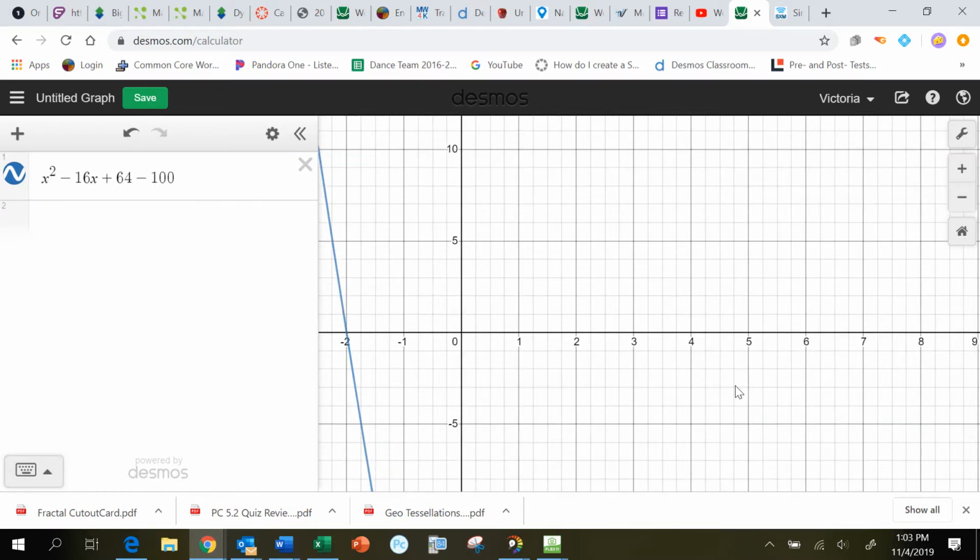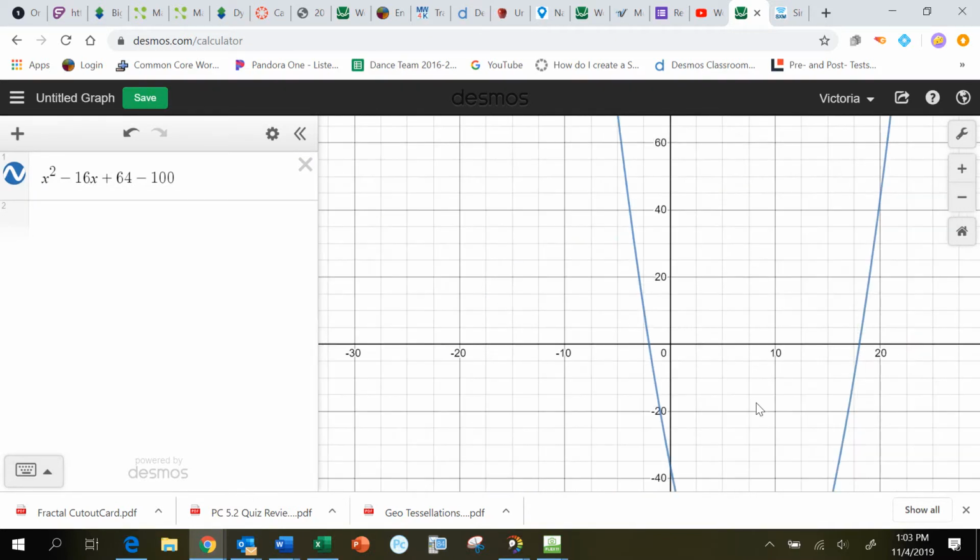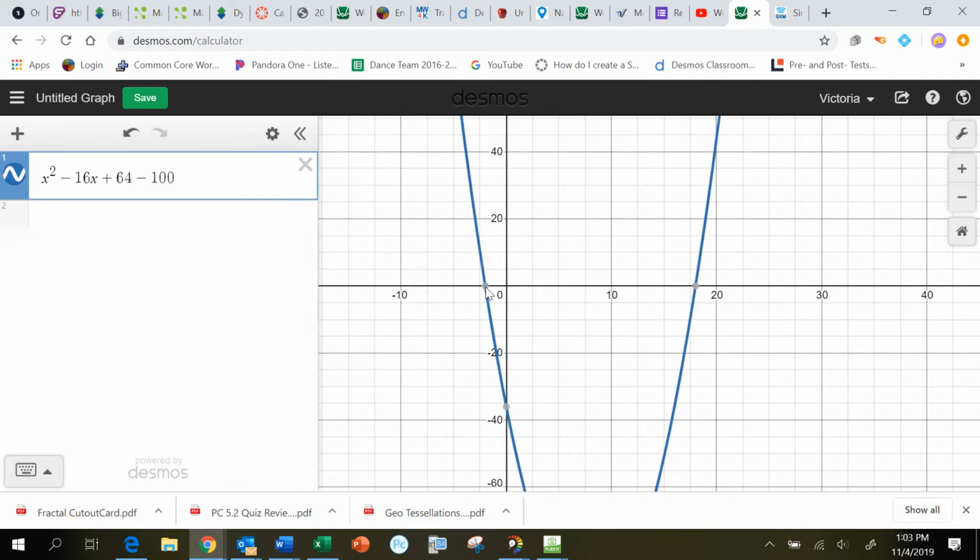So if I graphed it on here, it should be a parabola because that's what we're studying. And where are the x-intercepts? Negative 2 and 18. See? So those are the answers.